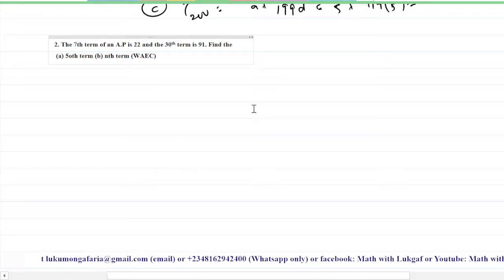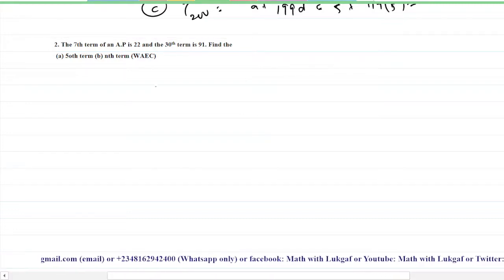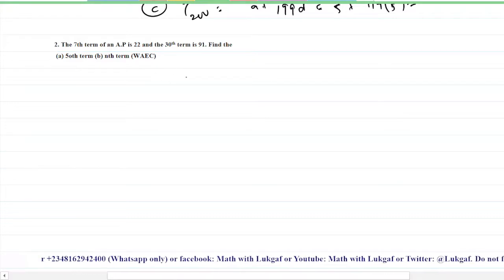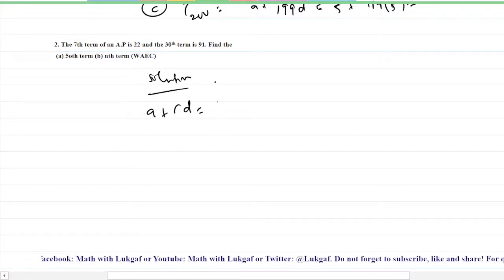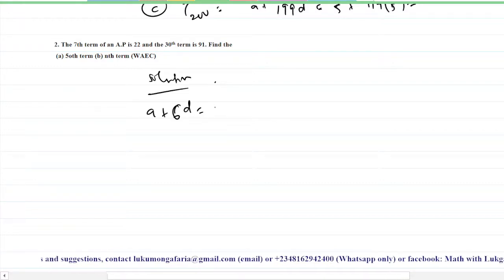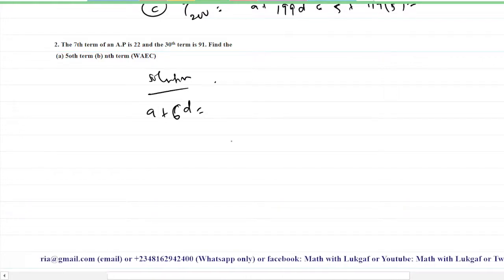What is the seventh term of an AP? Based on the explanation I gave, just write it. The seventh term of an AP is A plus 6D. Remember I said if you are finding terms of an AP, it will just be A plus that term minus 1, times D. You understand now? So it means the seventh term here, which is A plus 6D, is equal to what? In mathematics, is means equals to; when you see is, was or are, it means equals to.